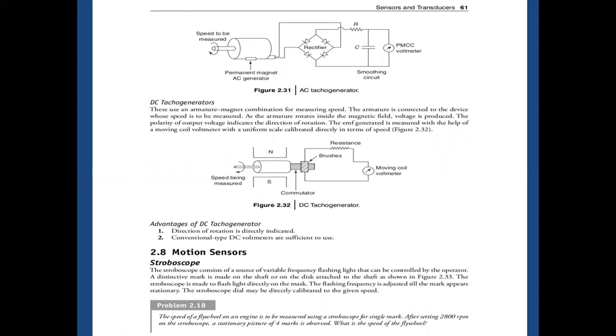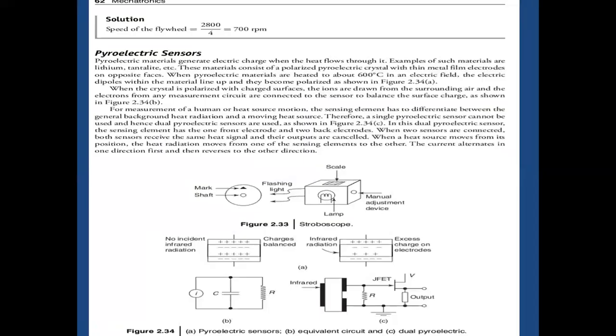The flashing frequency is adjusted till the mark appears. Whether the mark appears or not is what we observe. Through the manual adjustment device, we focus our light on the particular mark only.